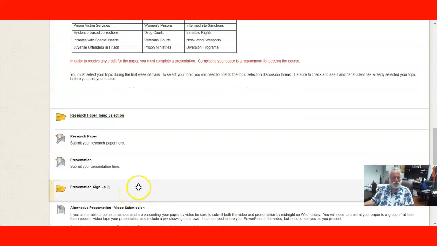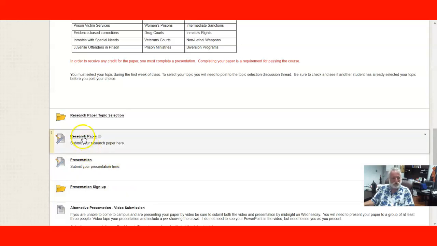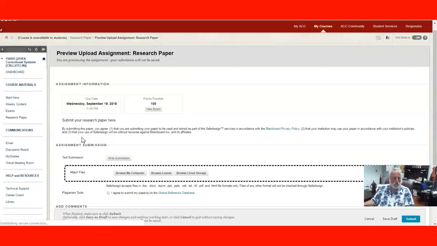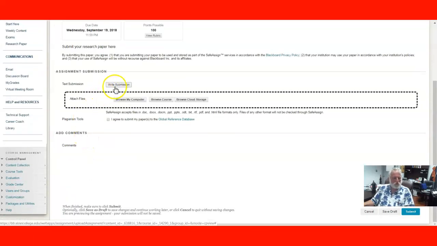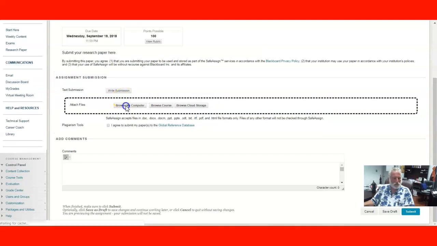When it comes time to submit it, you'll simply click on this research paper, submit your research paper here, and in a second, eventually, maybe, it will come open. Then you will click on Browse My Computer, and you will select the file. Anyway, it will eventually open, and you will then select your file and upload it in that manner.